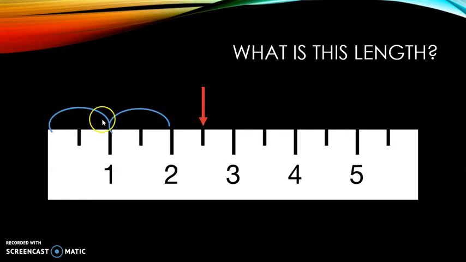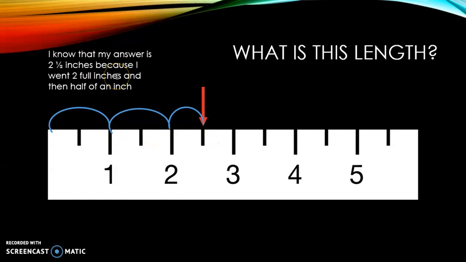Oops, I went twice. Now I'm going to go again, and I have another whole. So right now I have 2 full wholes. I realize if I go another full whole that it will be at the 3, which is past my red arrow. So I'm going to count a half. So there's my half. So now I have 2 wholes and 1 half, which equals 2 and a half.